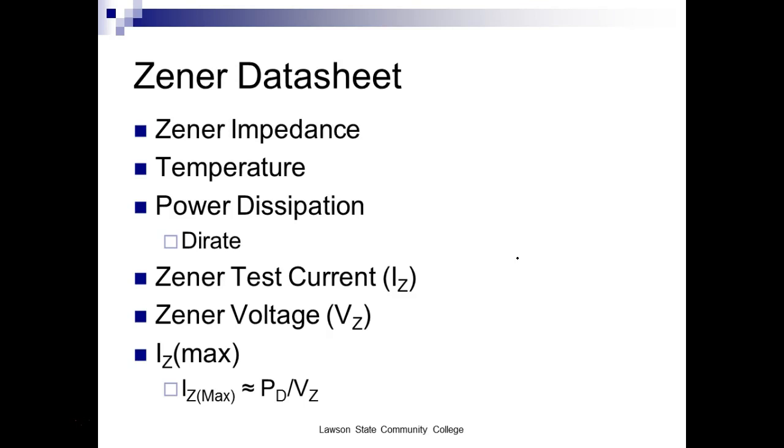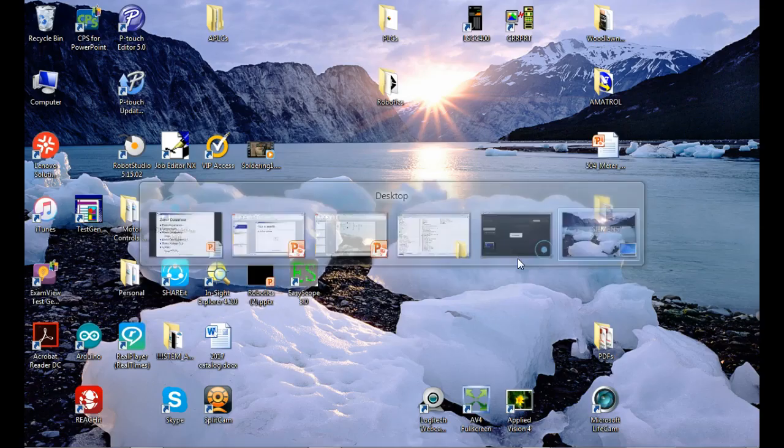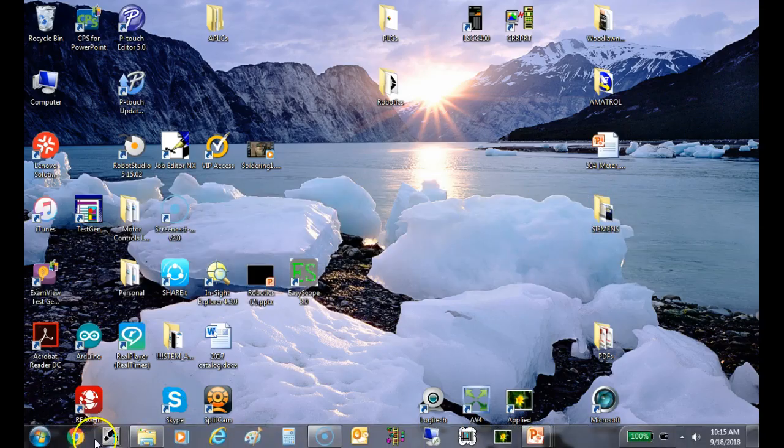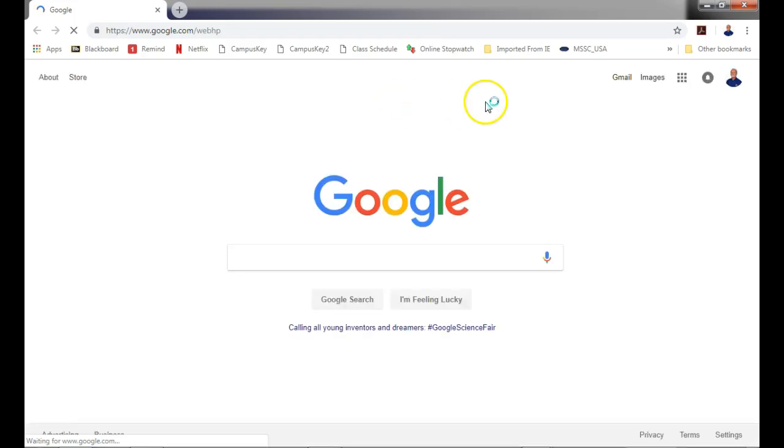On the data sheet we have the Zener impedance, the temperature rating, power dissipation, and how the derating should decrease by, along with the Zener test current, Zener voltage, and IZ max. So let's go ahead and look at a data sheet. Decrease by, that's a term we use a lot.